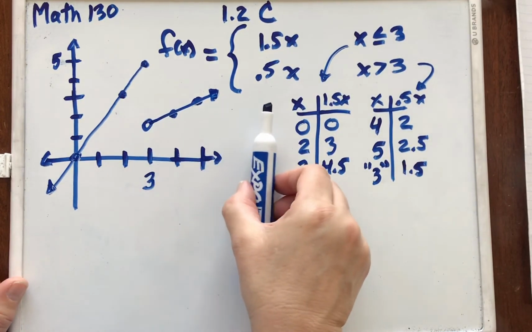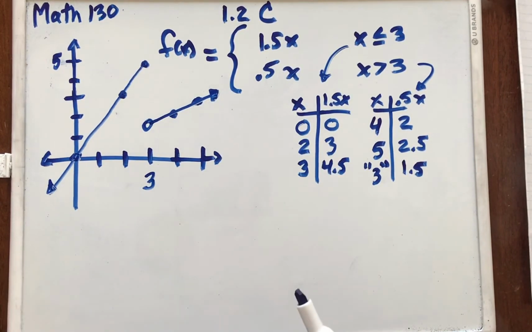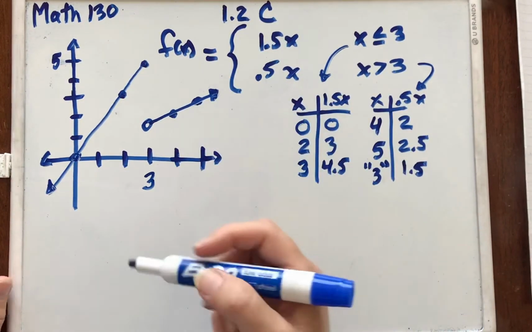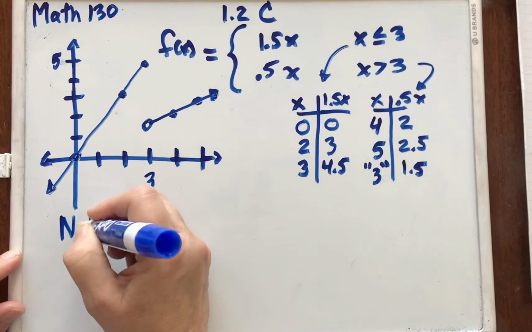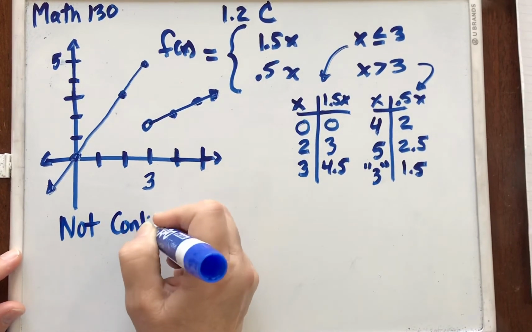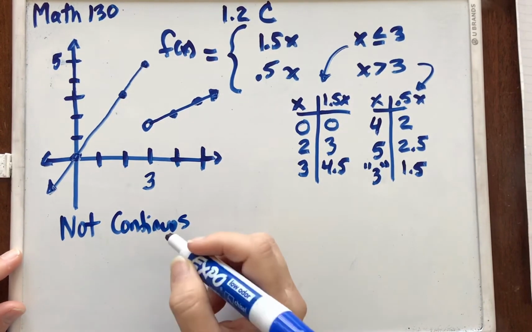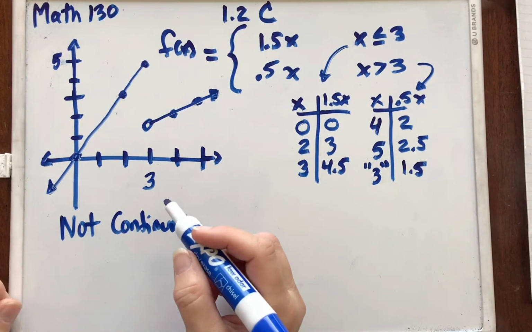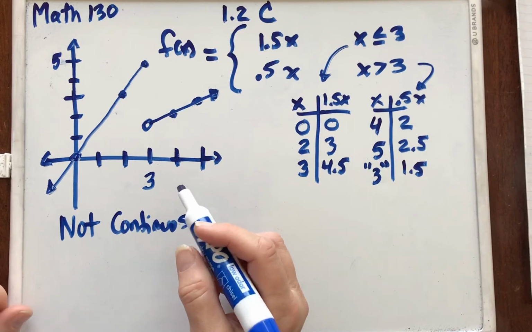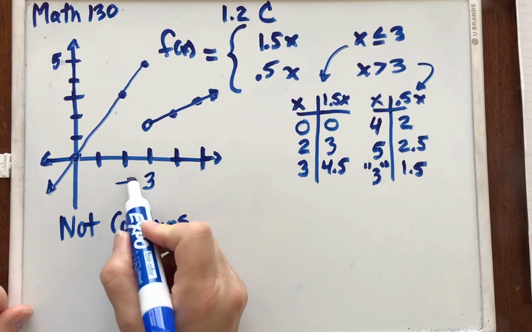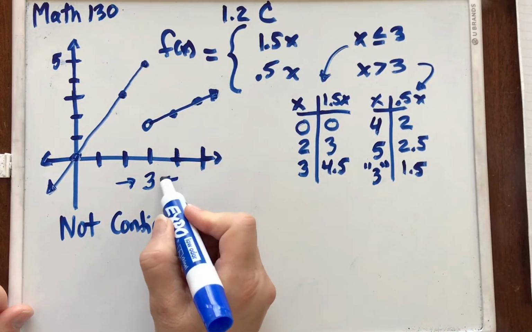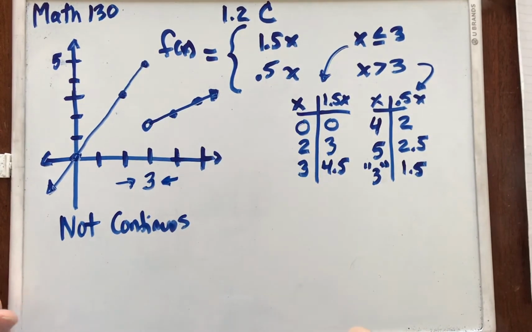That's why we put the arrow that way. Okay, now notice this is not continuous. And if we were to take the limit, notice from the left and the right are two different things. From the left, we're approaching this number, 4.5. From the right, we're approaching this number, 1.5. So the limit does not exist there.